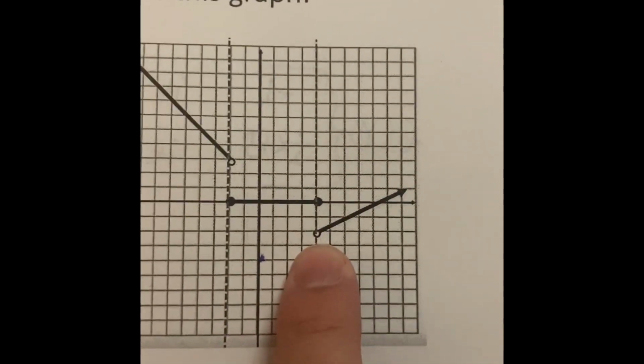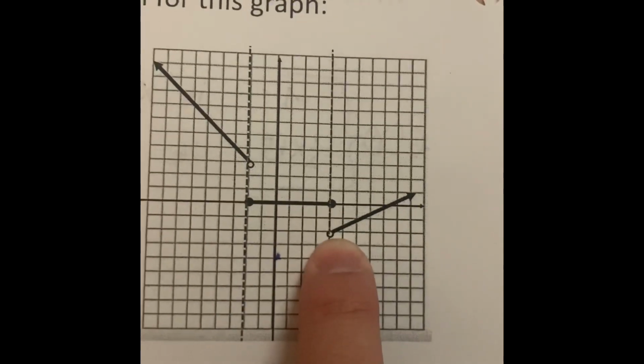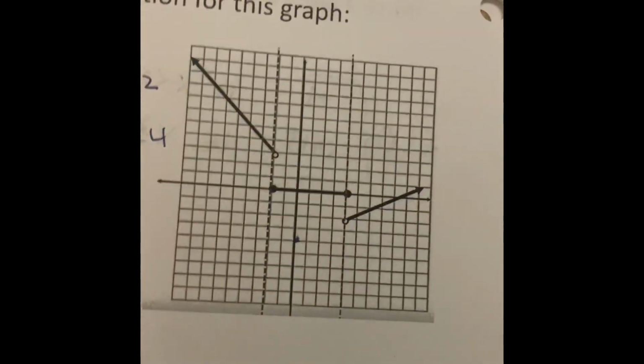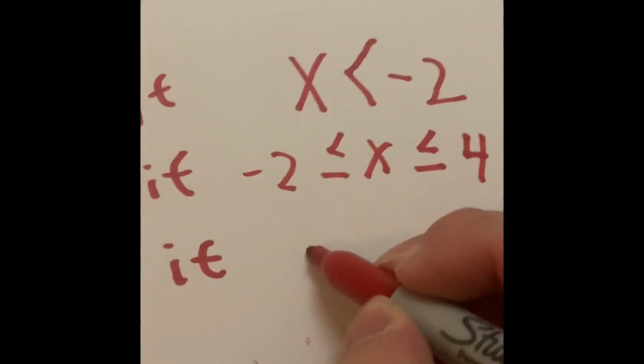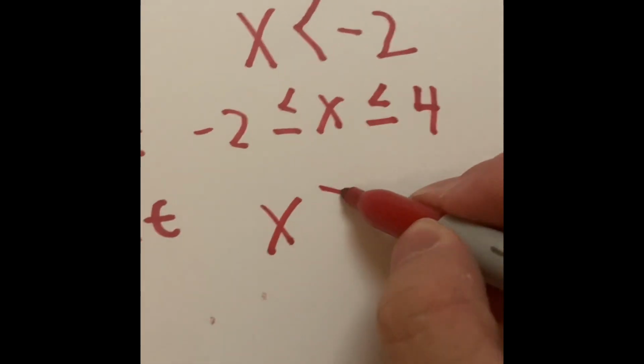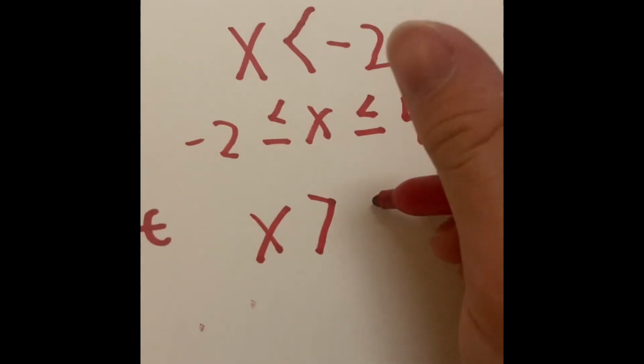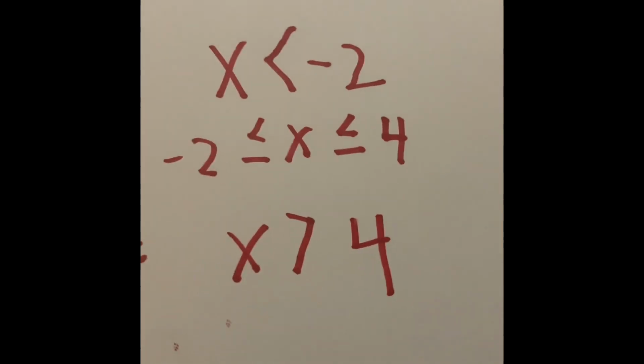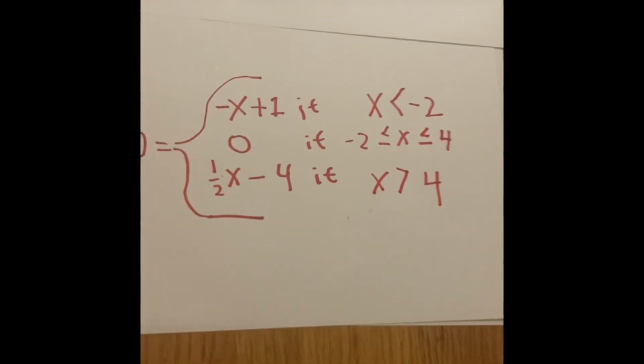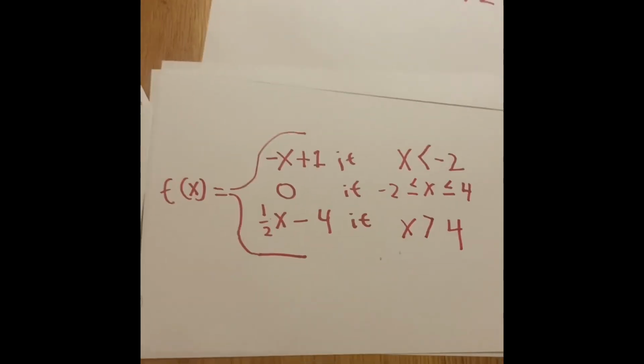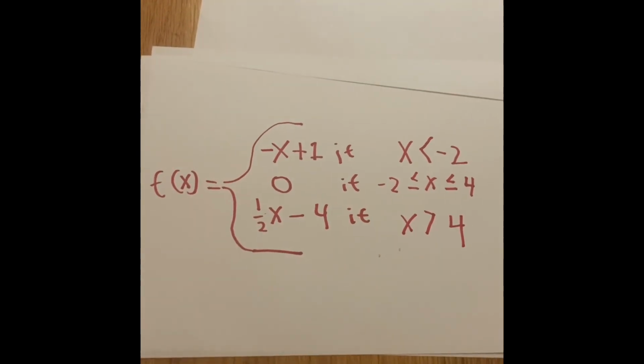What about the last one? We have positive 4, and increasing right over there. So right over here, x must be greater than positive 4. Meaning that this is now complete. We now made all the parts and the pieces for our piecewise function.